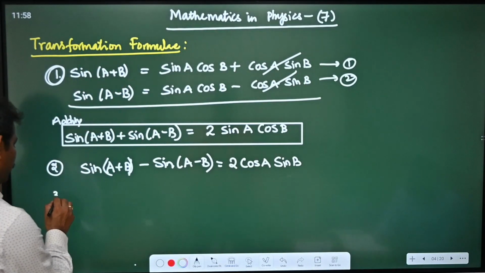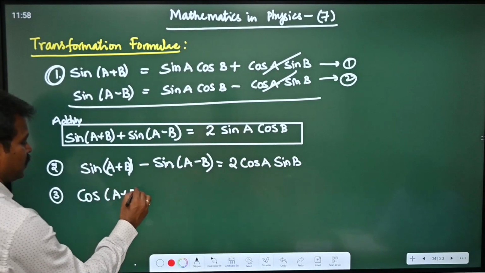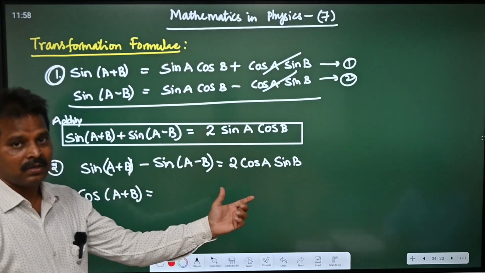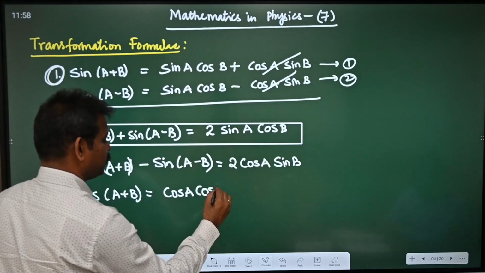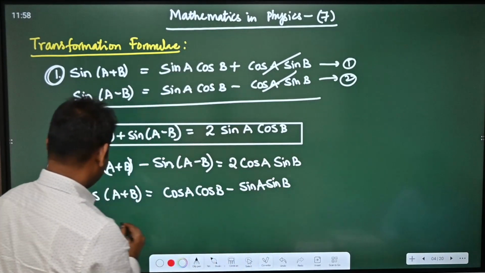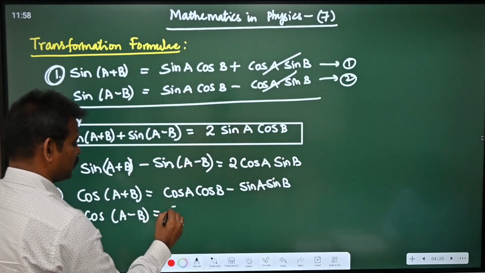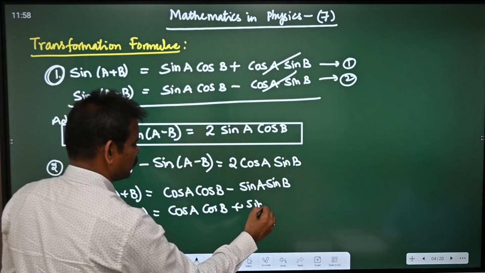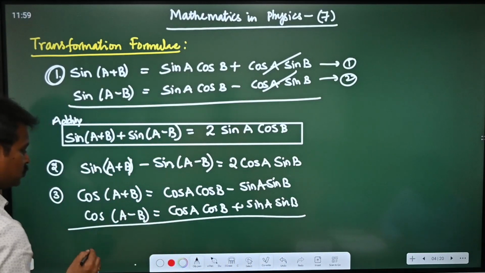Students, similarly, if you take the third one, that is cos A plus B. Be careful, cos A plus B is not cos A cos B plus sin A sin B, and we know this. This is cos A cos B minus sin A sin B. Similarly, cos of A minus B can be written as cos A cos B plus sin A sin B. And now I am going to add these two.